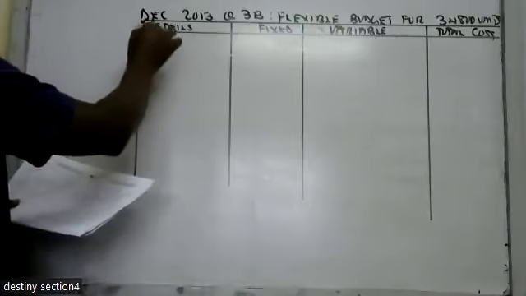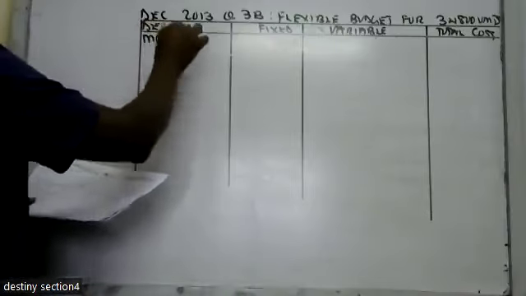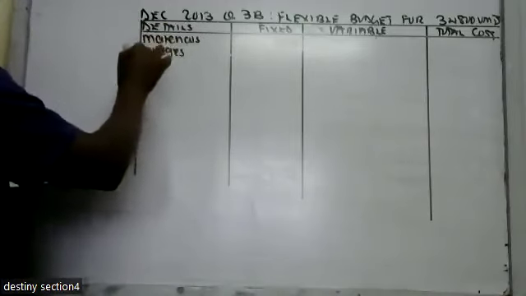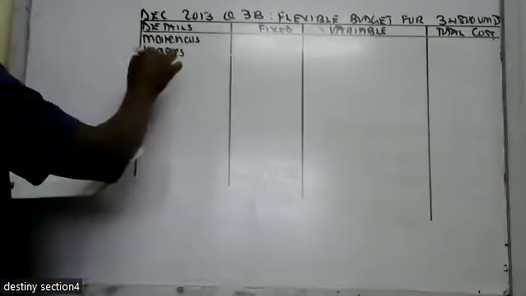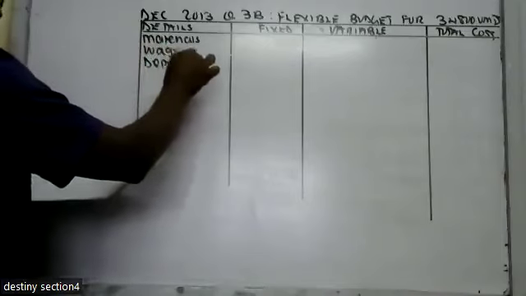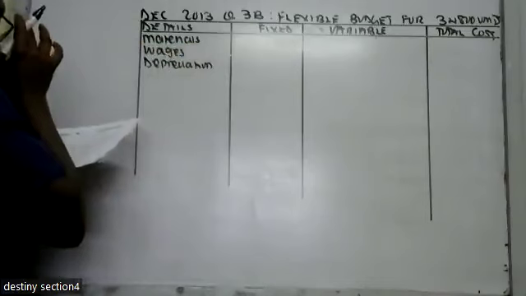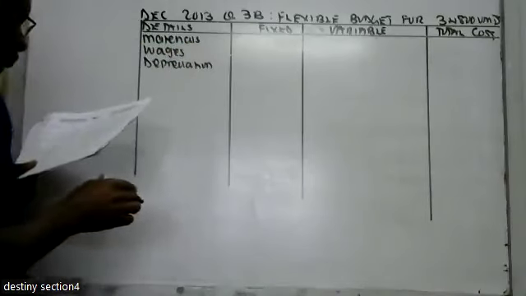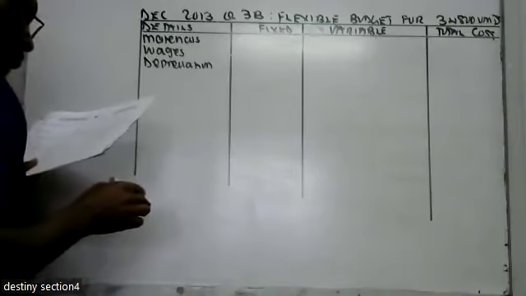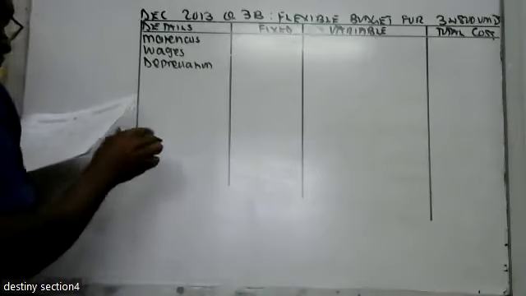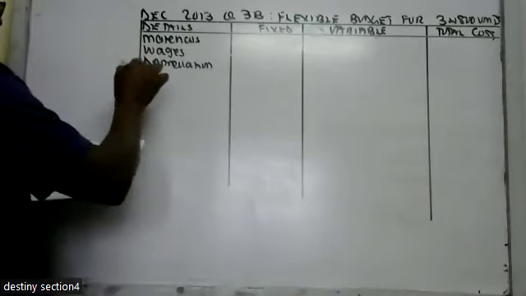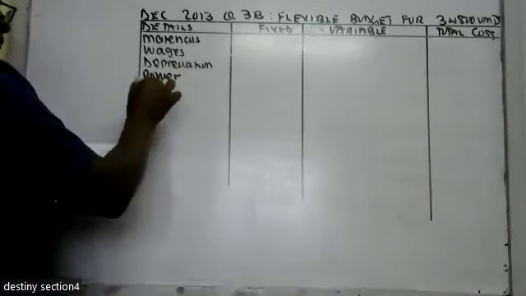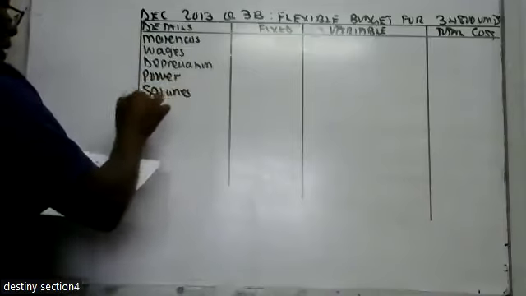So utaweka materials, utaweka wages, utaweka depreciation, utaweka power, utaweka salaries, and then total.